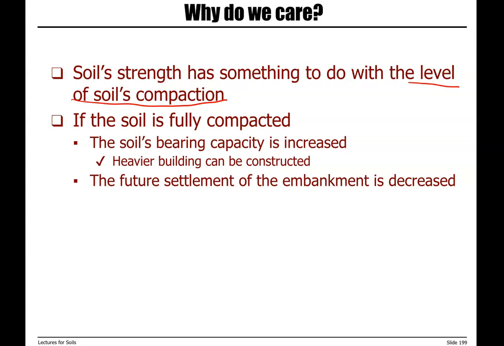It will also help with limiting the future settlements. So it will reduce the movement of particles, and therefore it will limit the future settlements in our soil and therefore in our structure.